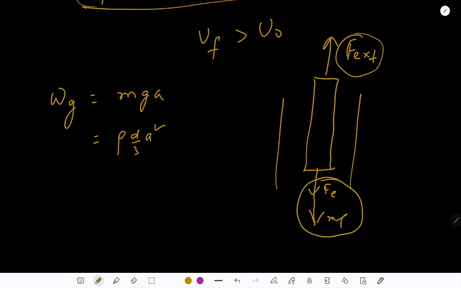So this m, g and a becomes a cube d by 3 rho g, which is the work done by gravity, and the work done by electrostatic forces is simply W_E, I would say it's U final minus U naught.